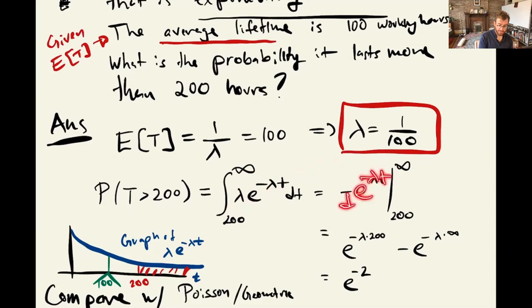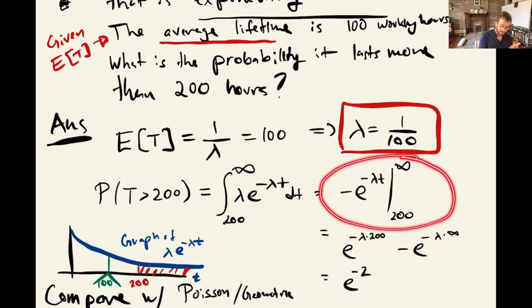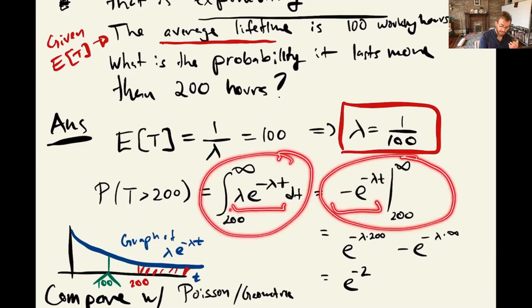If I take the derivative d/dt of this, I'll end up getting a minus lambda that comes down. But I've already got lambda here. I just need to account for that minus sign, which goes away because probabilities are obviously positive. So this is the definite integral value of this integral. I've taken the antiderivative of this, which is this, and then I've put the endpoints here and here.